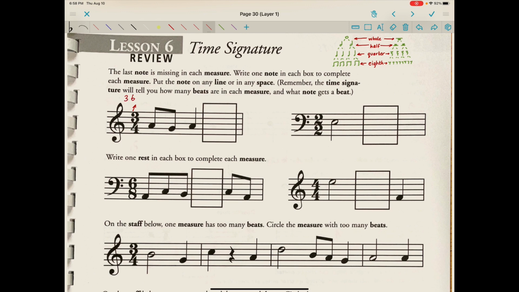So there will be 3 beats in each measure. So that's step 1. Now we need to know what kind of note's going to get a beat. And if we think again, denominator of a fraction, this is going to tell us that a quarter note equals 1 beat. Okay, now before I do anything else, I'm going to go back over here to my tree, and I'm going to note that this is going to be 1, which means this is 2, the whole note is 4, and the 8th notes get half a beat.